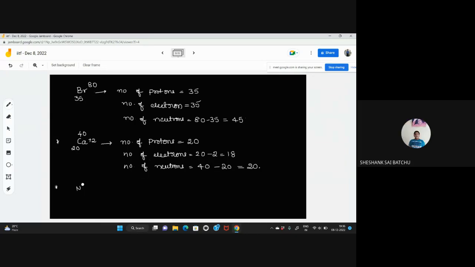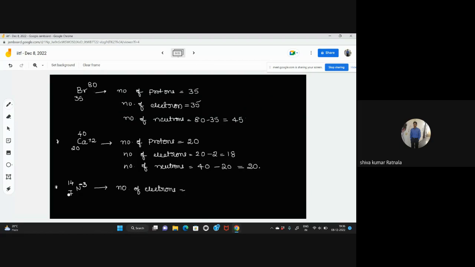Sir, nitrogen minus 3, 7 and 14. Minus 3 means nitrogen is gaining 3 electrons. In nitrogen, 7 electrons are there, plus 3 electrons gained, that will be 10.